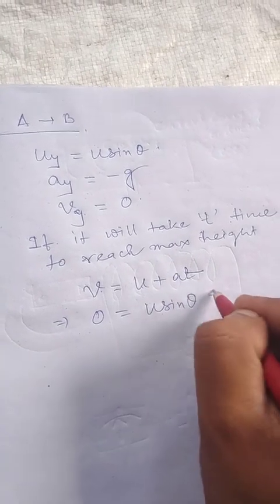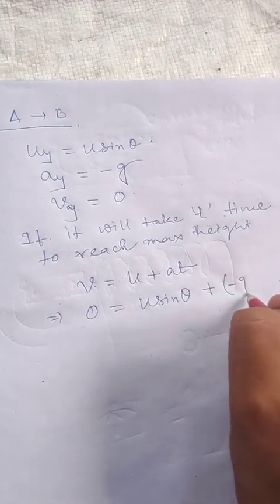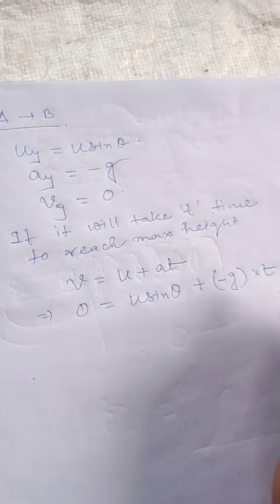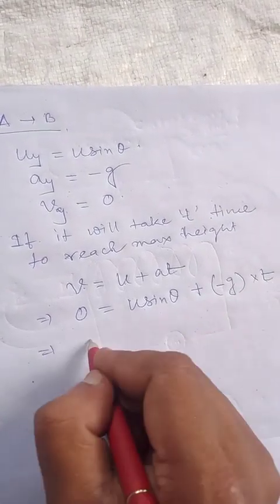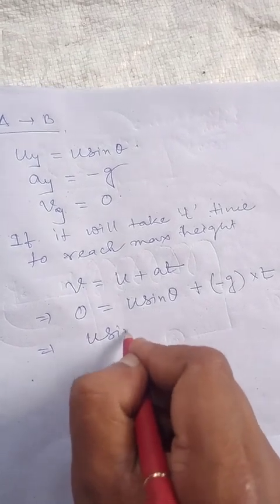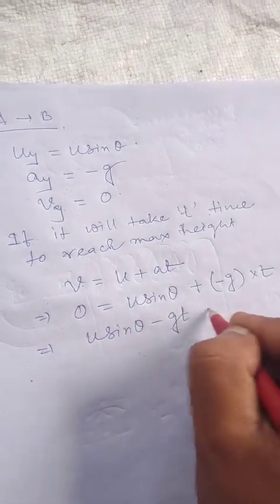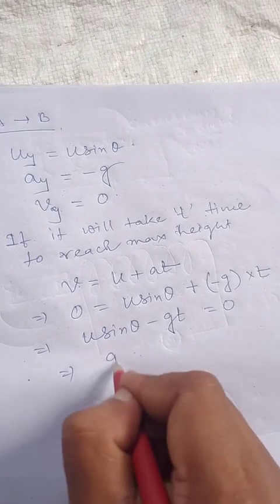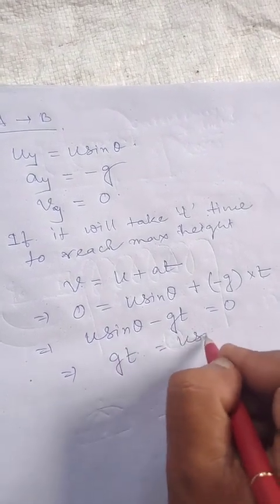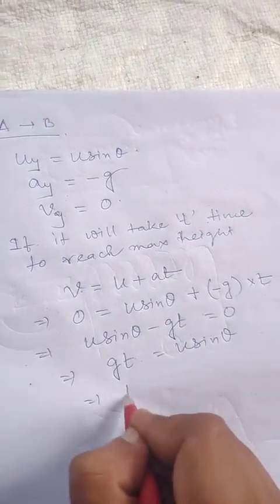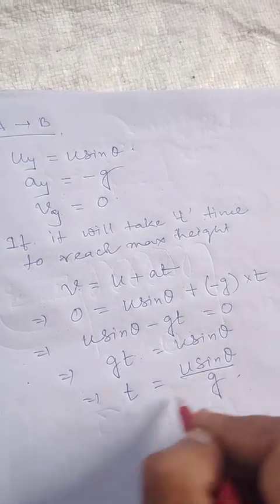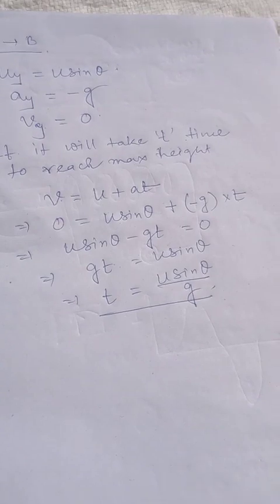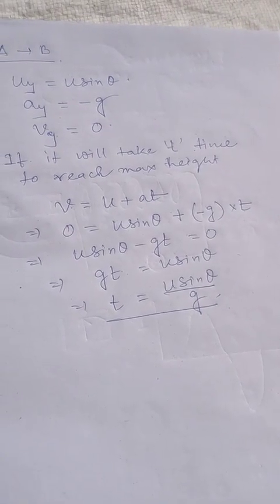And the acceleration is minus g, into the time taken t. So u sin theta minus gt equals 0, or gt equals u sin theta, or t equals u sin theta by g. That is the time required to reach the maximum height.